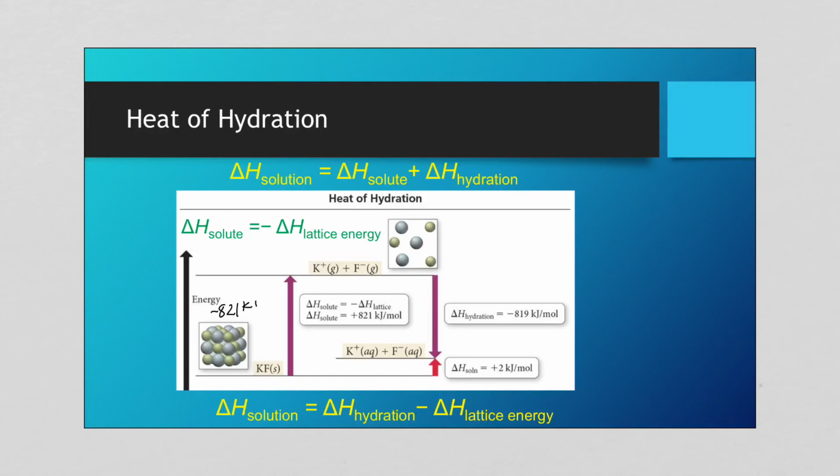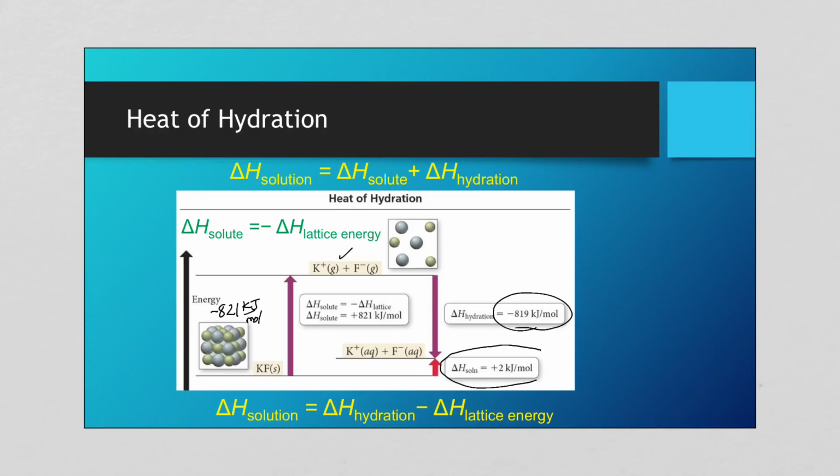So that means the delta H of solute is positive 821 kilojoules per mole. It's going to take 821 kilojoules per mole to separate the potassium ions from the fluoride ions to generate the free ions. Now, how much energy do we recover? Well, it turns out the heat of hydration for KF is negative 819. So if you simply add these terms together, positive 821 plus negative 819, you get a positive 2 kilojoules per mole.